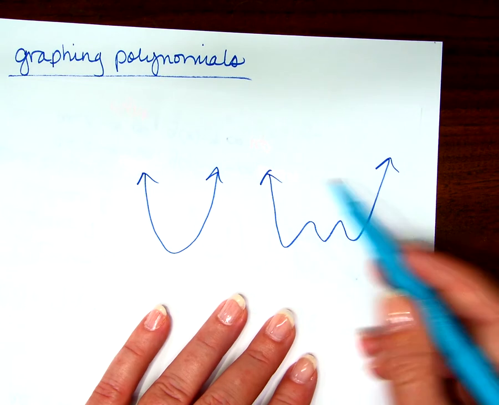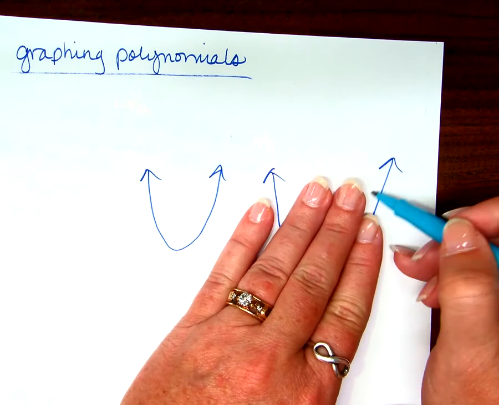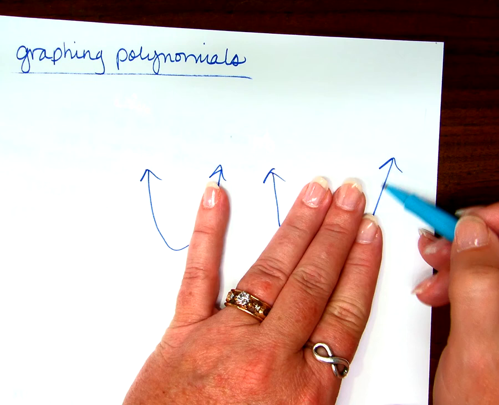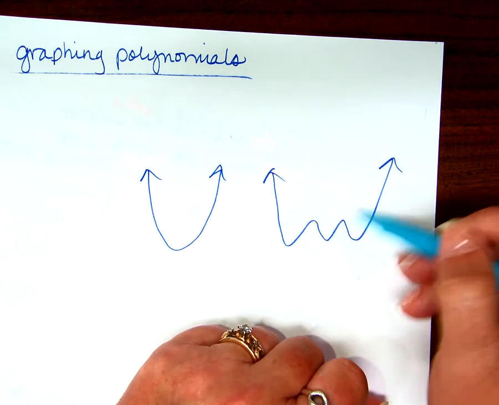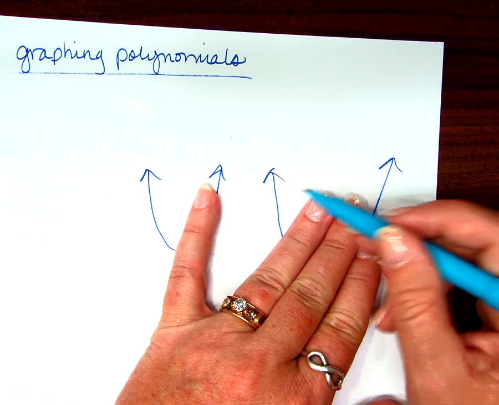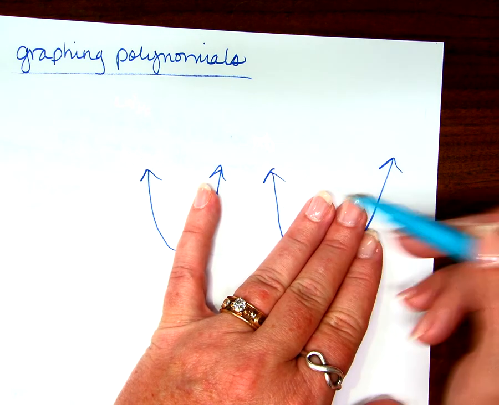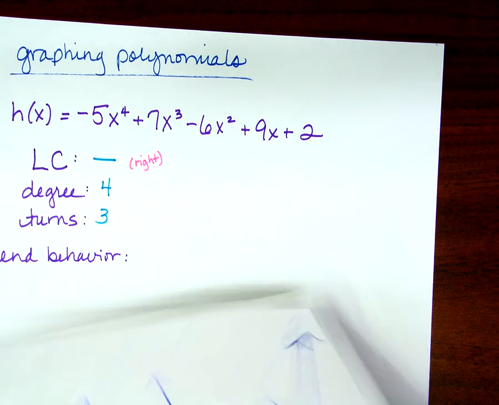It doesn't even matter what my shape looks like, because I don't care about in the middle. I only care about what's happening on the ends. Does that make sense? It could be doing all sorts of weird, crazy stuff in the middle. I do not care about that. I only care about what's happening on the ends. Does that make sense to you, what I'm talking about if I say end behavior? Okay. All right, back to the show.